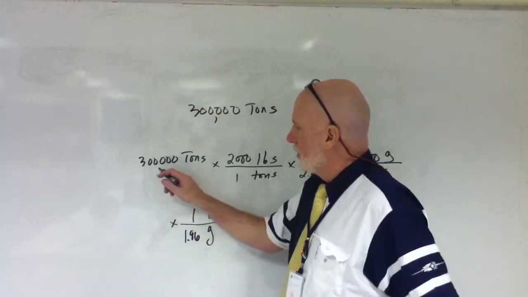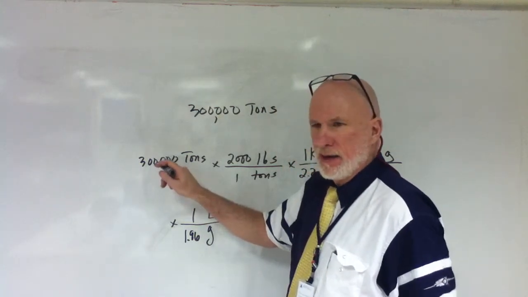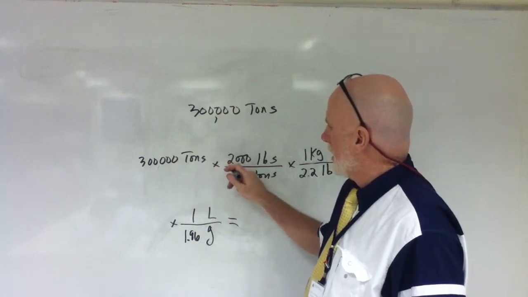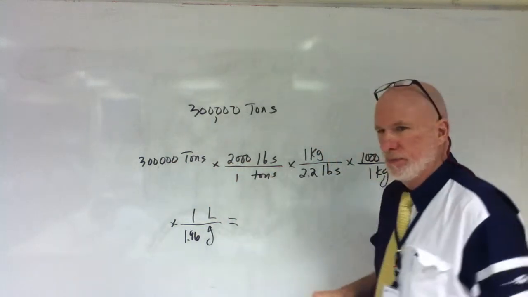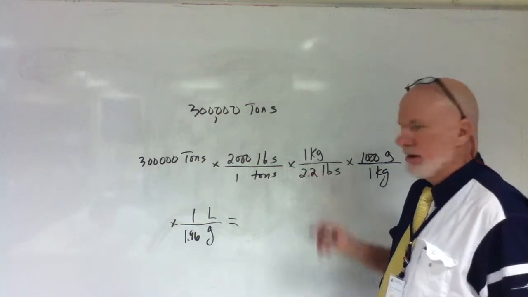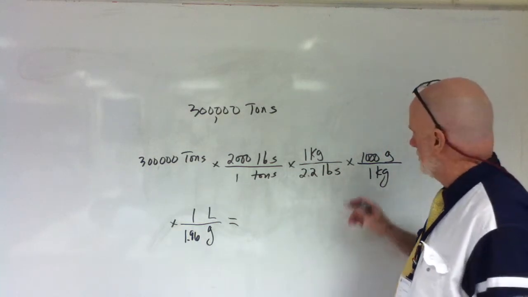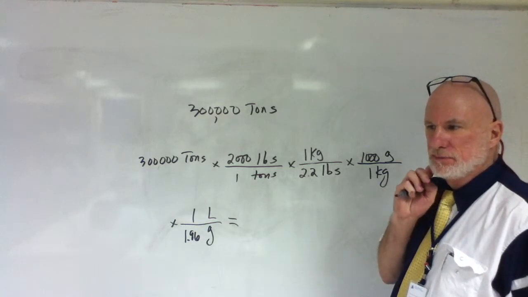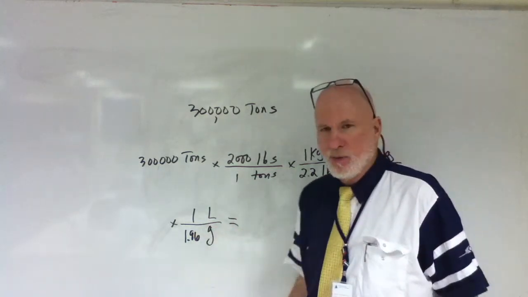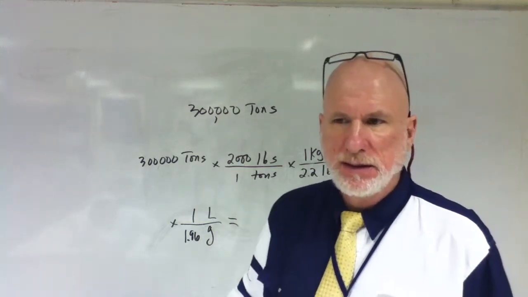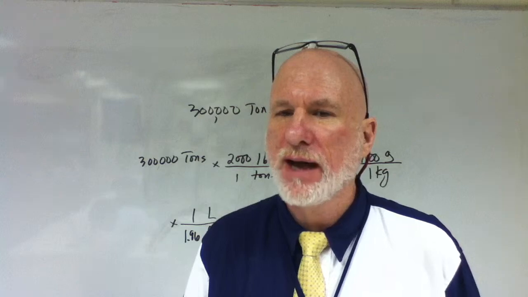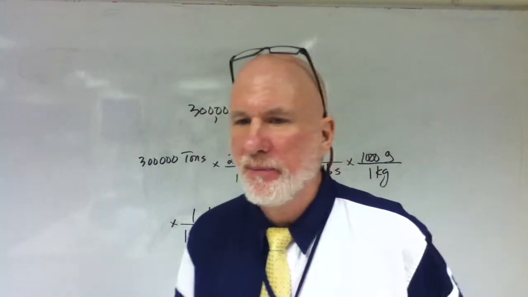So let's do that. Write this down, get your calculator. 300,000 times 2,000, divided by 2.2, times 1,000, divided by 1.96 equals. What do you got? 1.39 times 10 to the 11.